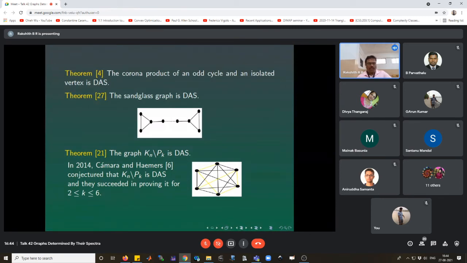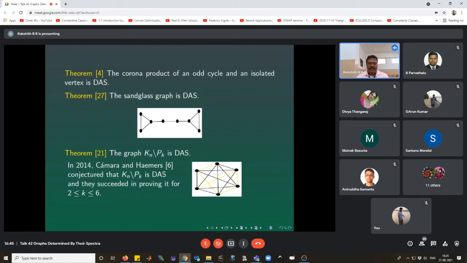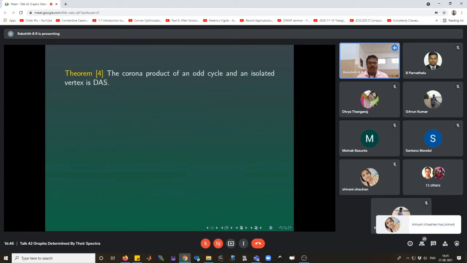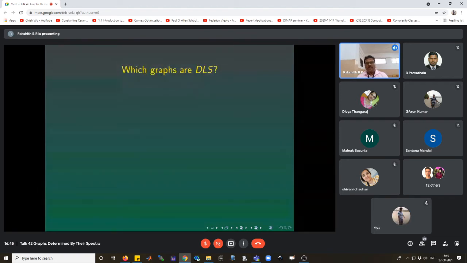It is vast; you can find more than 200 papers on this topic, graphs determined by the spectrum. Now we move on to graphs which are determined by the Laplacian spectrum. Note that the entire technique changes once you switch over to the Laplacian spectrum. It is a completely different concept.